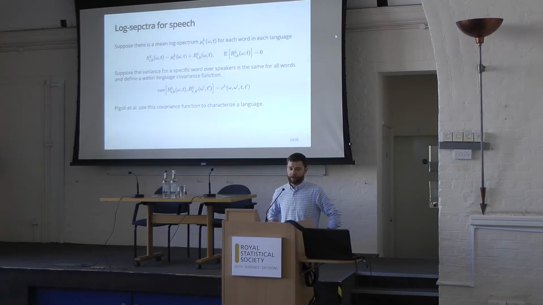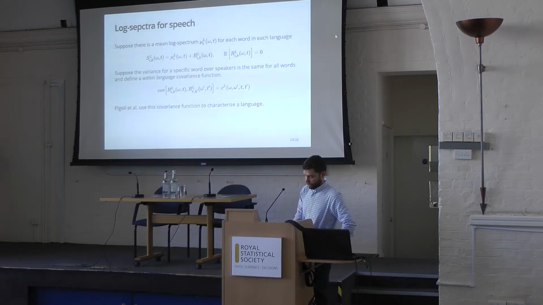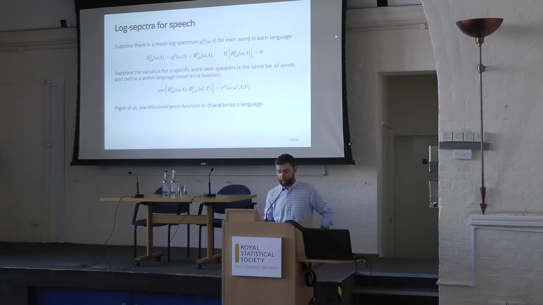There's going to be some common element to the way these people are pronouncing the word, and I've described this as the mu. So for a particular language, saying a particular word, the common element amongst all the speakers is this mu. And the difference from the common element in log spectrum is this R, these residuals. So this R represents the difference from the average speaker saying the same word in a particular language.